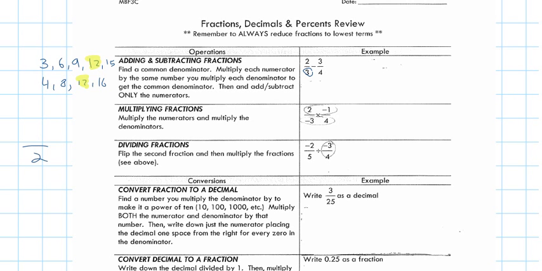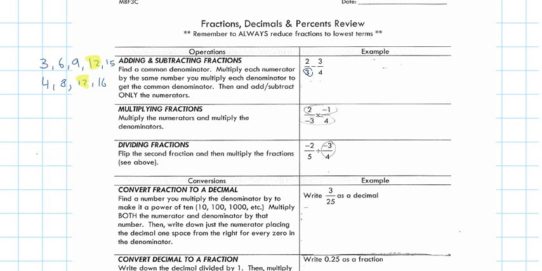My lowest common multiple is 12, because if I multiply the 2 by 6, that gives me 12. So I don't actually have to multiply the 2 and the 12 together. Okay? So in this case, I know that 12 is my lowest common multiple.